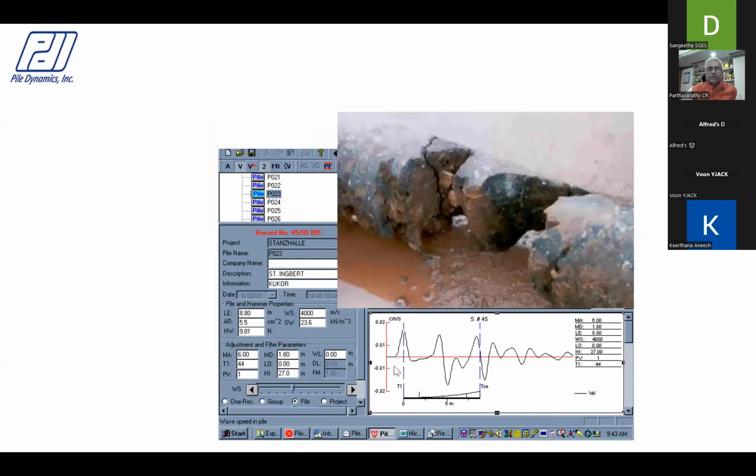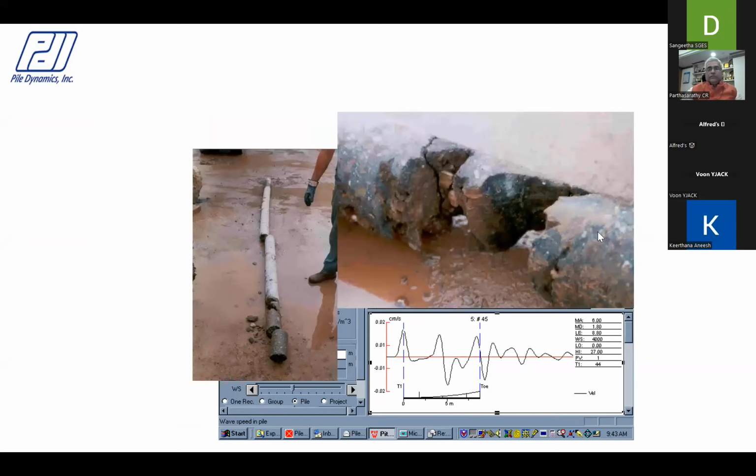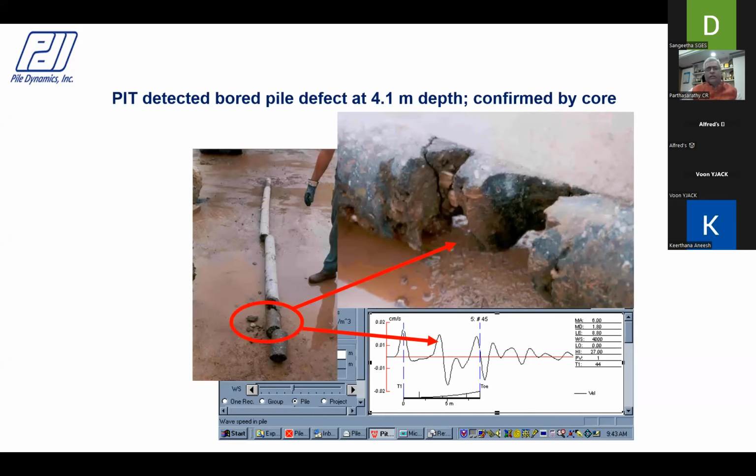When they actually cored this pile, you could see the severe defect in the concrete, which corroborates the results from this PIT test. Whenever you see a positive response, a positive-negative cycle, this is treated as a defect. When you see a negative-positive cycle, it is treated as a bulge. A bulge is not a concern for the load carrying capacity of the pile.